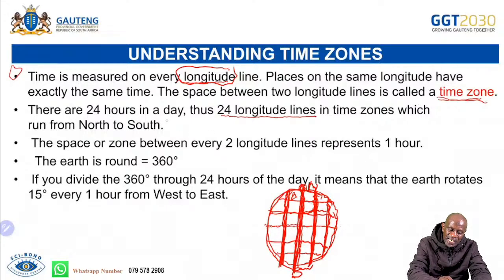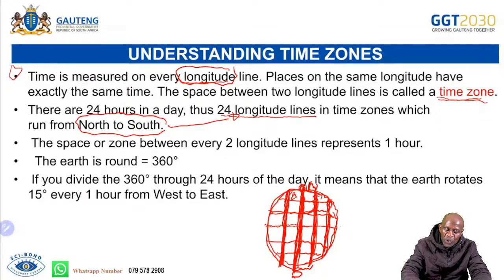So we are still further defining what a longitude is, and how many of these lines run from north to south. They are 24. And equally so, we have 24 hours that complete a day.